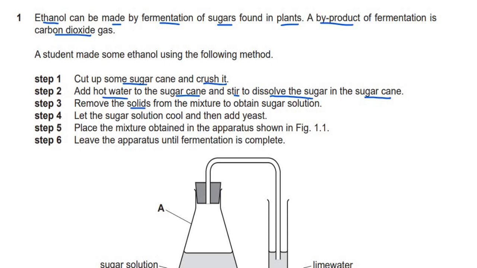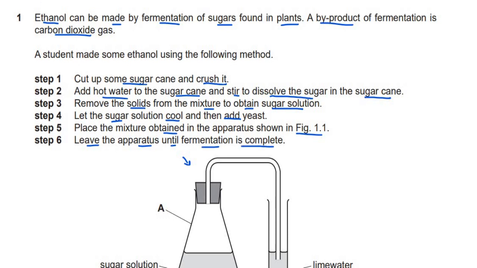Remove the solids from the mixture to obtain sugar solution. Let the sugar solution cool and then add yeast. Place the mixture obtained in the apparatus shown in figure 1.1, and here is the apparatus shown down here. Step 6, last one, leave the apparatus until fermentation is complete.